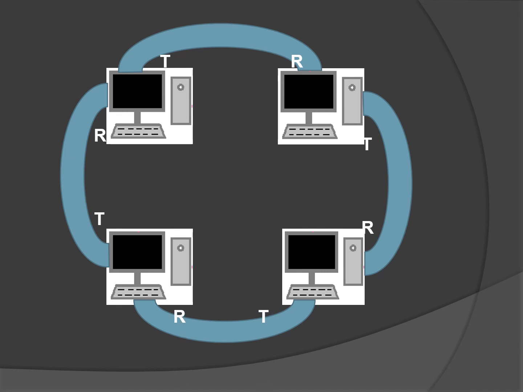As we know, each and every computer is going to act as a repeater. So when computer A wants to transmit the data to computer D, it will first give it to B, then C and finally to D. It can't give in the backward direction from A to D. The data is transmitted clockwise.